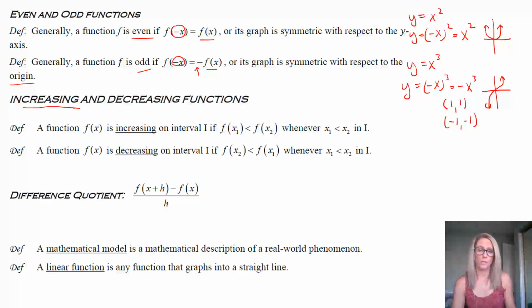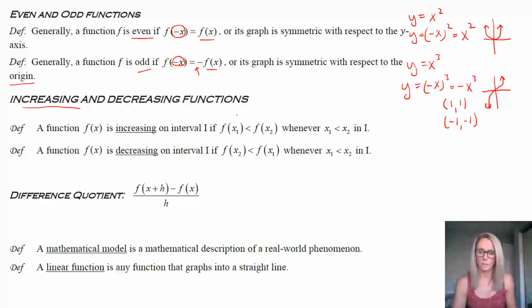Increasing and decreasing functions, it's just good to remember. This is a more calculus type definition, just in terms of that higher level notation. But all this is saying is basically, if you have an interval on a graph, so from here to here, that interval is going to be increasing if f of x1 is less than f of x2 whenever x1 is less than x2.